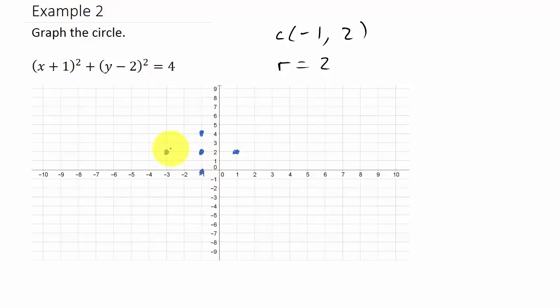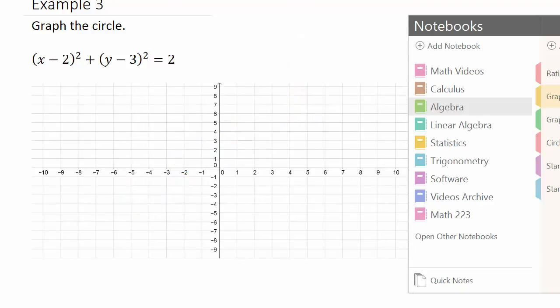And once again, because the marks are not equally spaced, it's not going to come out right. I don't have much room here, but you can label your center as (-1, 2), and you can label the radius, that's r equals 2. Alright, so let's take a look at one more.